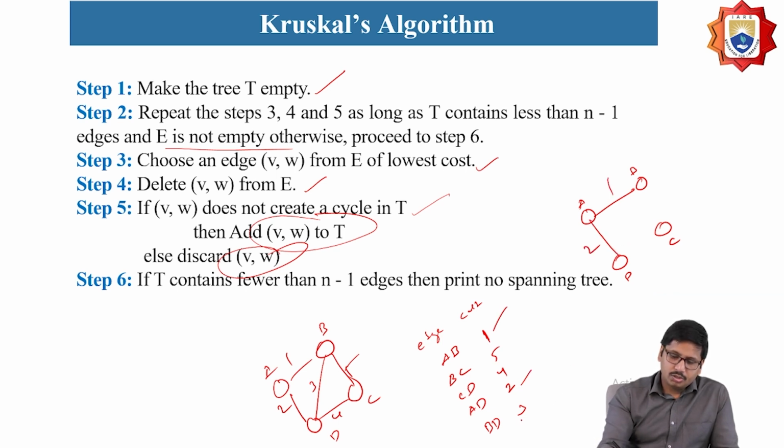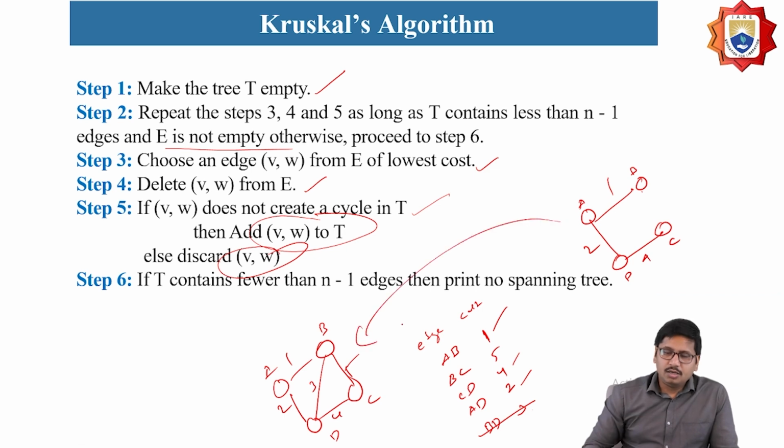Next minimum cost is BD, but it is going to form a cycle, so I'm not going to select this. And CD, I'm going to select. BC is going to form a cycle, so this is the minimum spanning tree that is obtained from the given graph according to Kruskal algorithm.